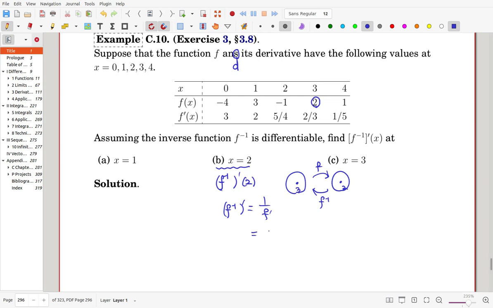So you have to find 1 over f prime at 3. What is that? That is 2 over 3. So 1 over 2 over 3 is the same as 3 over 2. Okay, that's the final answer.